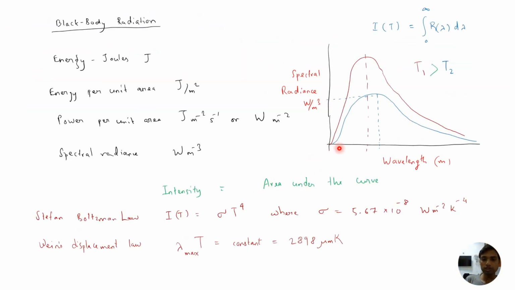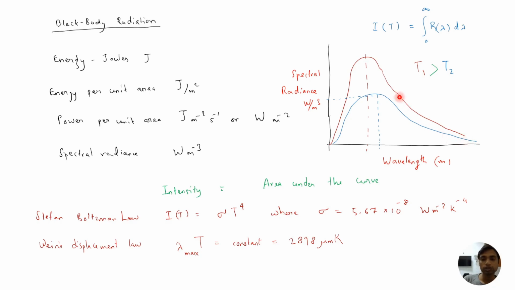Here is a curve of the spectral radiance, which is watt per meter cubed, that is, intensity per meter, or power per unit area per unit wavelength. We plot the spectral radiance with respect to the wavelength.